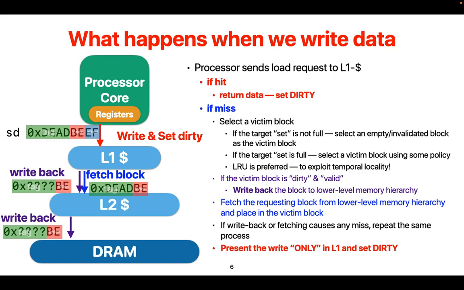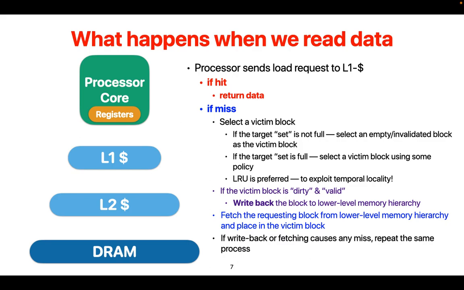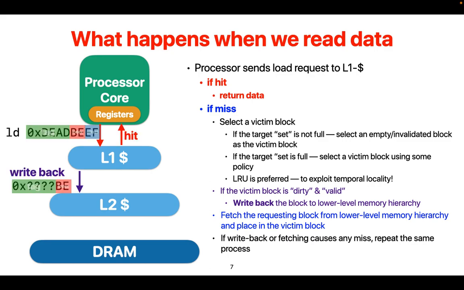However, if unfortunately it's a miss again in the L2 cache, you have to go through the same process until you find a block, and then repeat the process like write and set at the L1 level. If you are having a read, it's again the same: you will issue a load instruction, and if the block that you are replacing is a hit, then you just finish the operation.